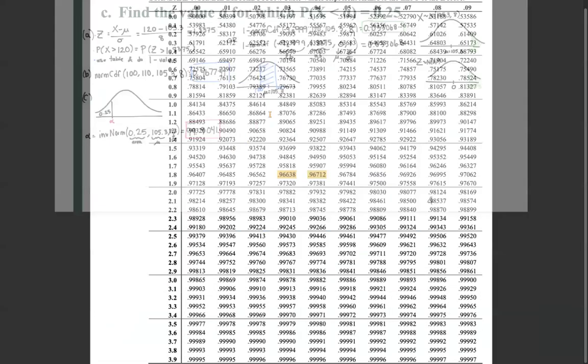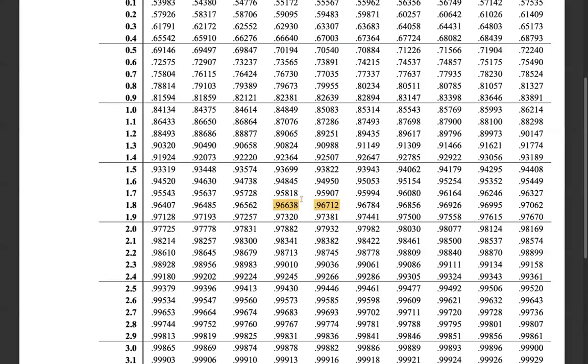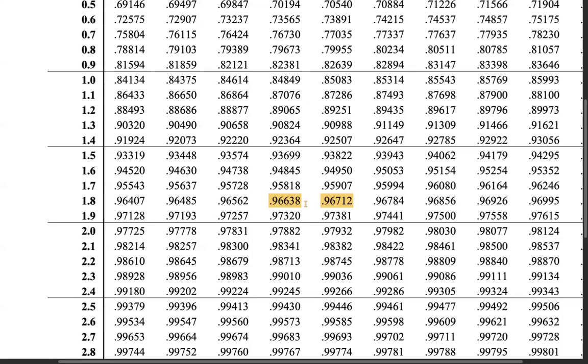On the table, for 1.83, it would be a value in between these two numbers, and you would do 1 minus that.